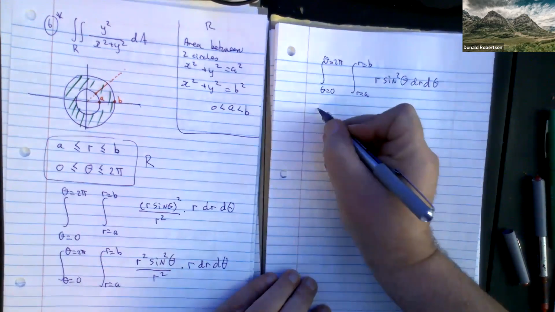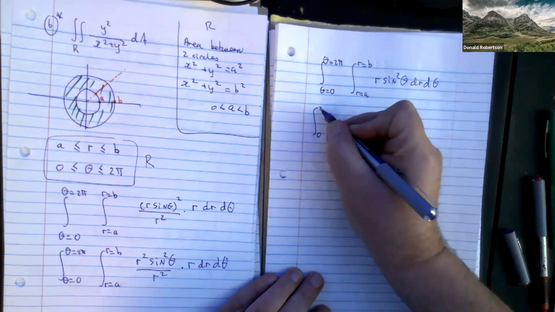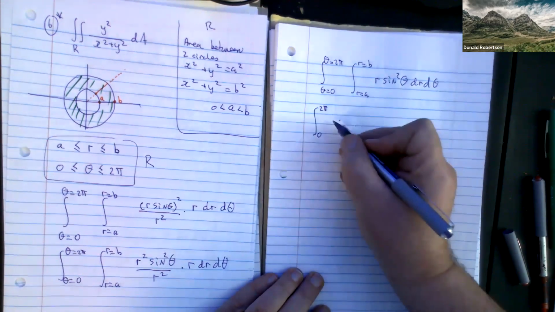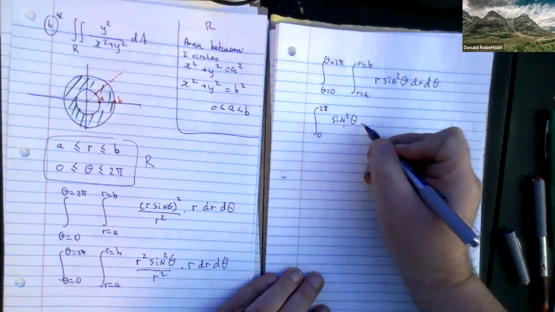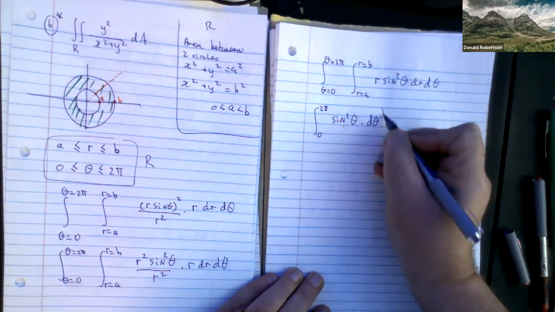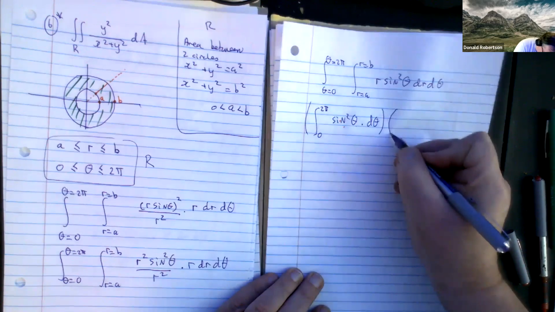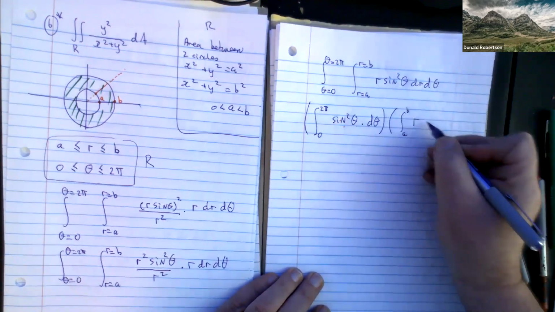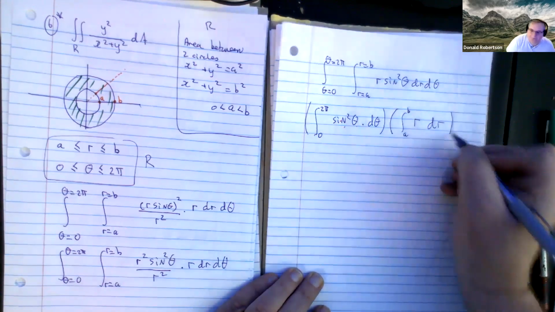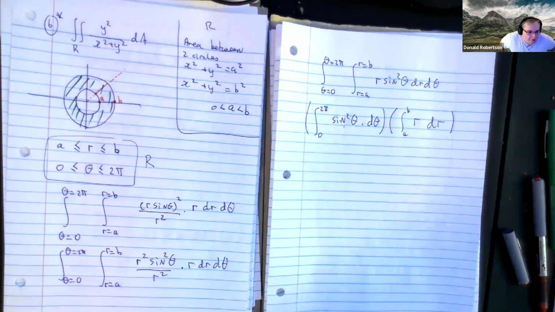Variable separable. So it's going to go 0 to 2 pi of sine squared theta d theta, and from r equals a to b of a single r dr. Right, so variable separable seems to be pretty much every question so far, which doesn't surprise me too much.